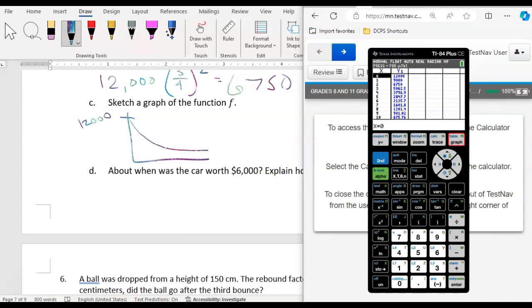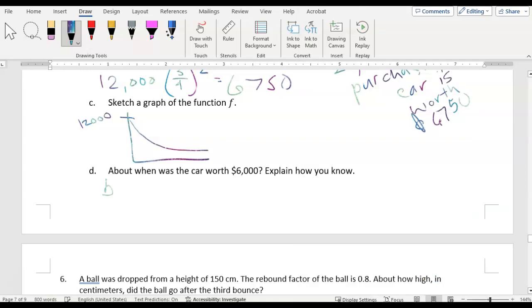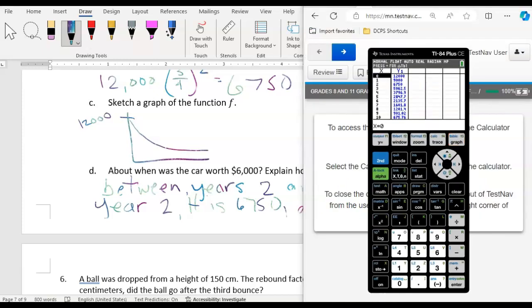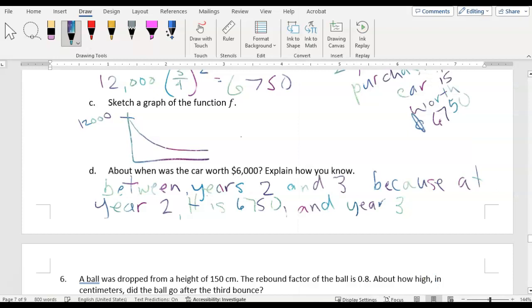And so that would be between years 2 and 3, because at year 2, it is $6,750, and year 3, let's see, it's $5,062.